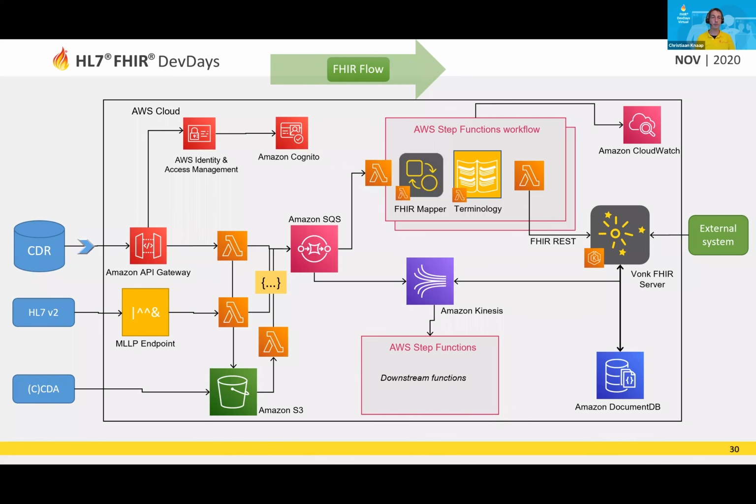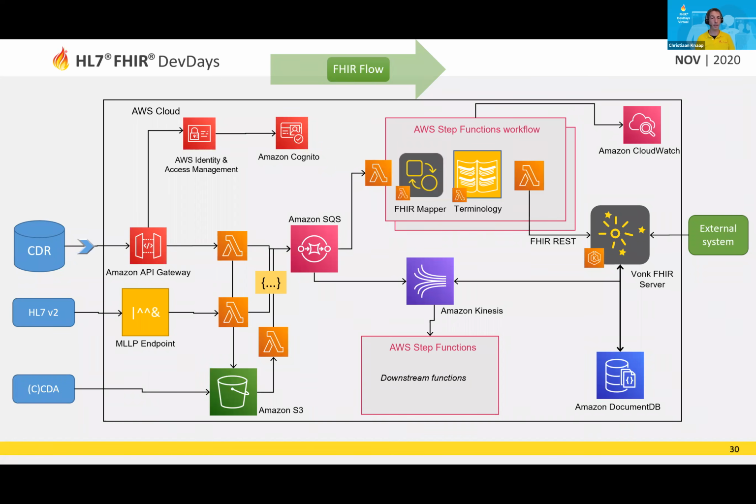After that, there is a Lambda function separating the data out, putting it into an S3 bucket for storage, and sending out a message, depicted here with the two curly braces, and putting that message on the simple queuing service for further handling. If we have a V2 message system, we create an MLP endpoint, which is the protocol spoken by HL7 V2. There's another Lambda function.